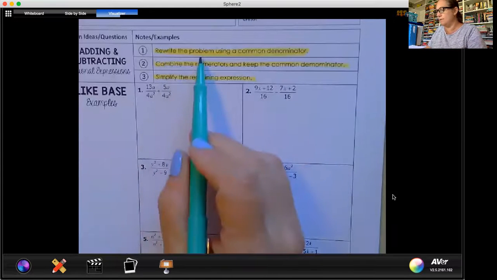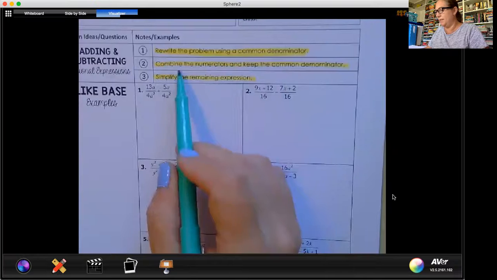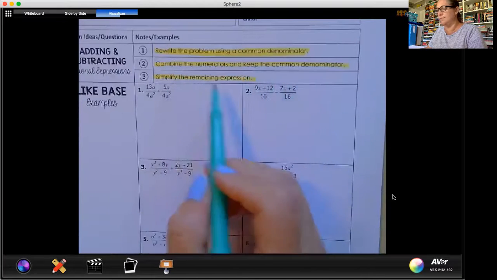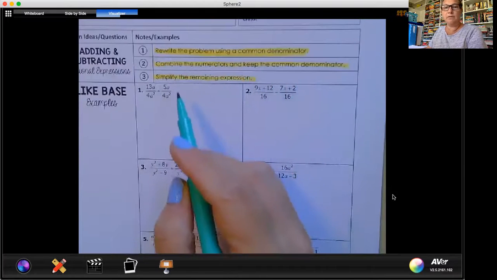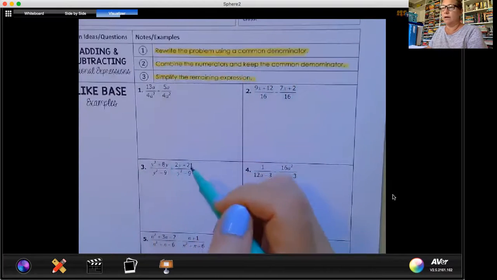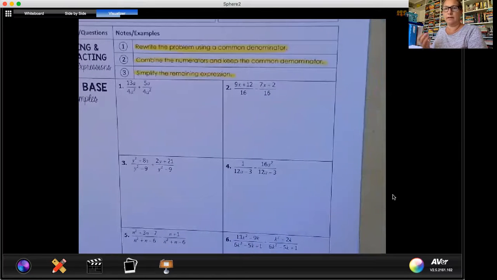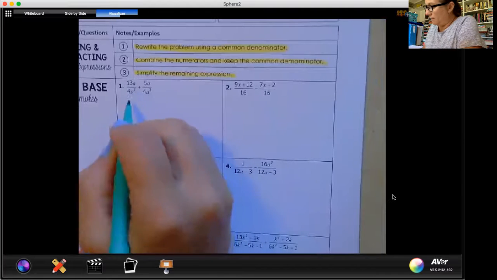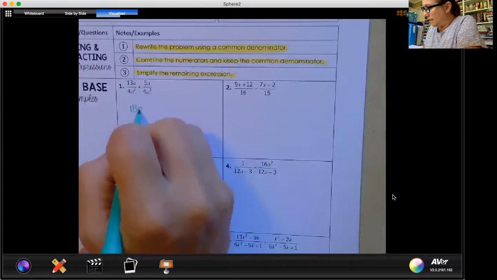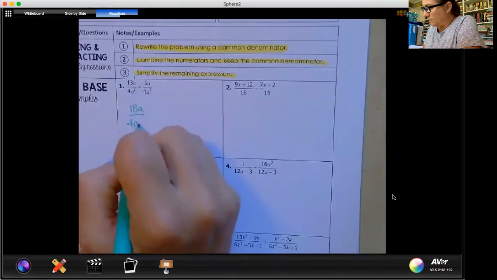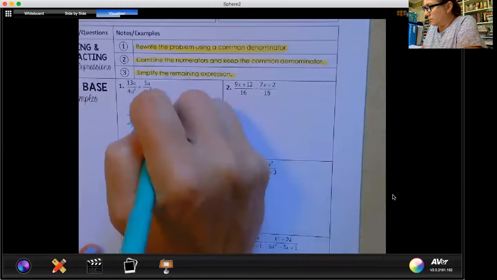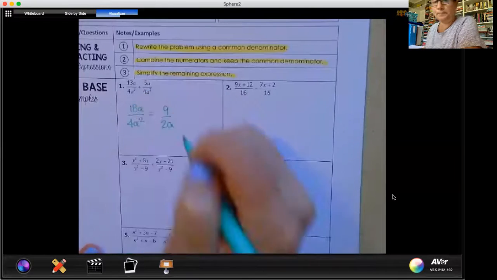So rewrite the problem using a common denominator, combine the numerators and keep the common denominator, and simplify the remaining expression. Now, as you look here in these first few, they're already a common denominator. So all you need to do is combine like terms and then simplify like we did in section number 1. So for problem number 1, we would have 18a over 4a squared, which is just 9 over 2a.